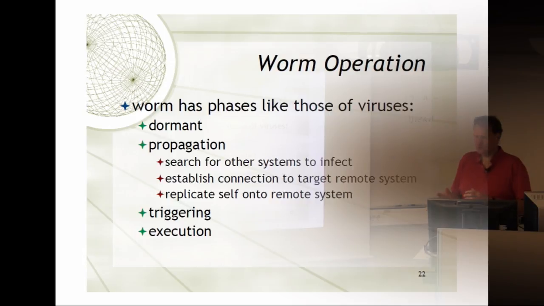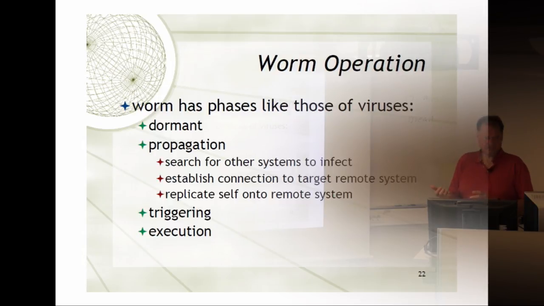So typically what it needs is some type of protocol that makes it possible for one host to contact another one, send over information, and then get that activated, executed on that other system.